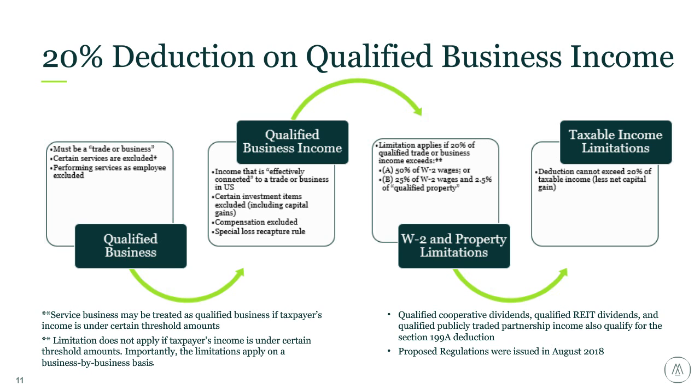There are limitations on the $20 deduction that you get to take advantage of. One thing is that the $20 cannot exceed 50% of your trade or business W-2 wages. So you have to have the W-2 wages in order to take the 20% deduction.